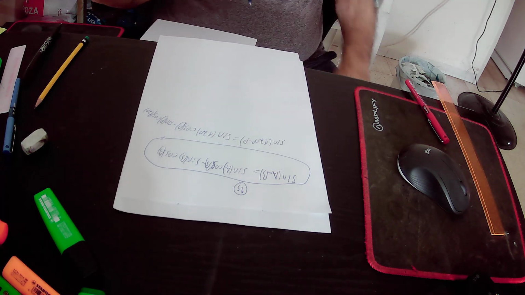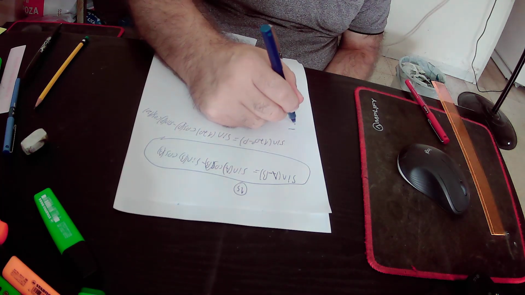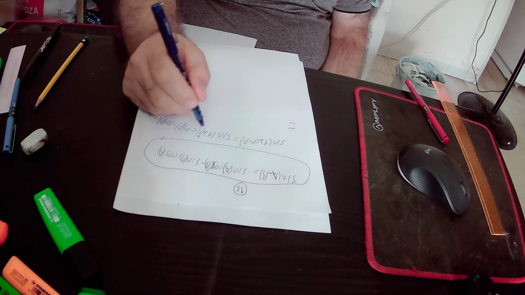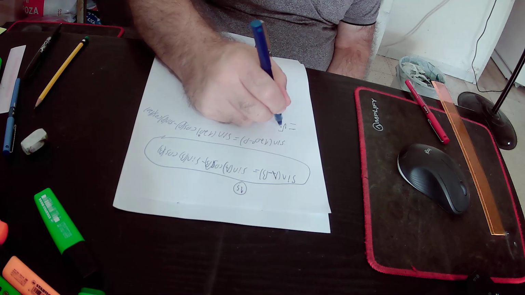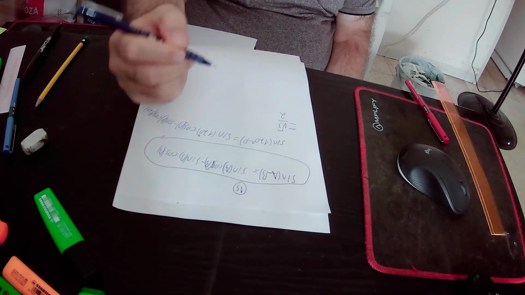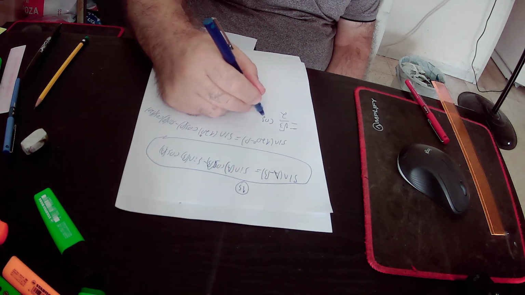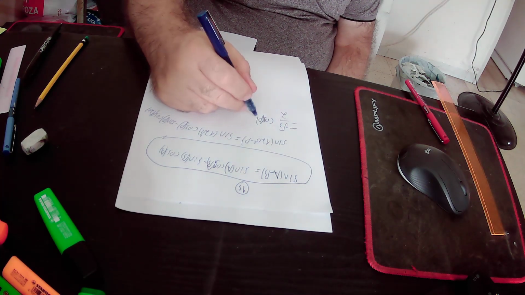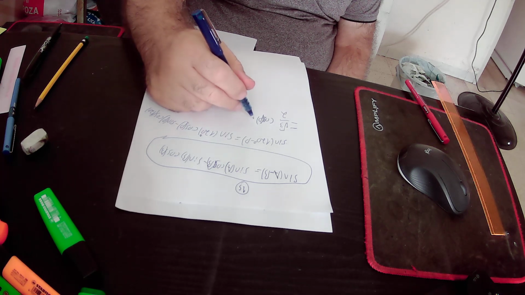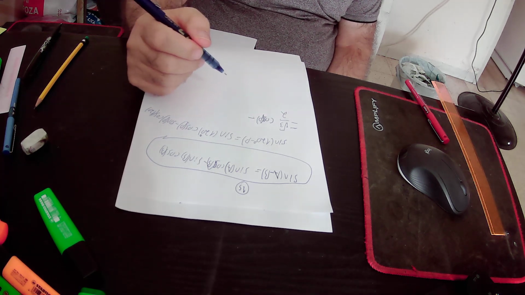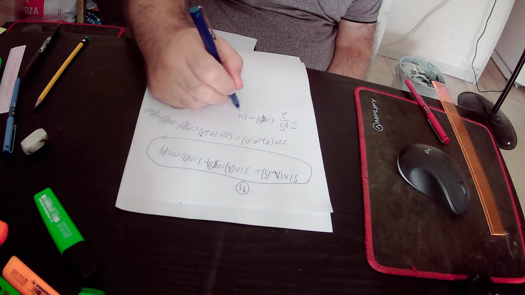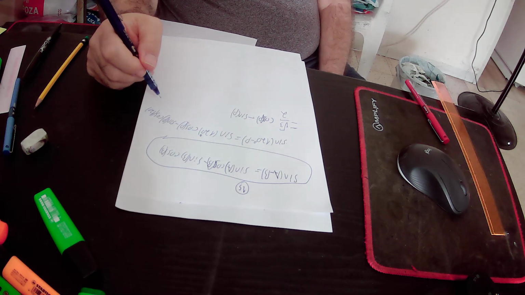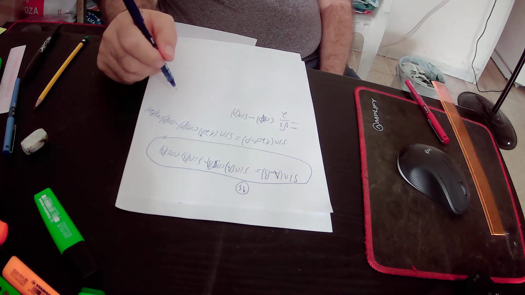Okay, and sine 120 degrees is root 3 over 2, times cosine p, minus sine p, and cosine 120 degrees is minus 1 over 2.